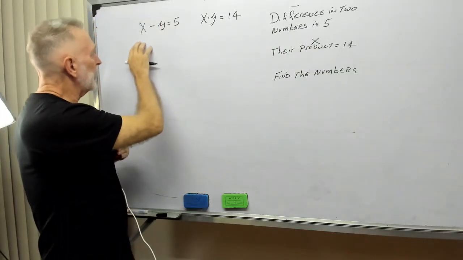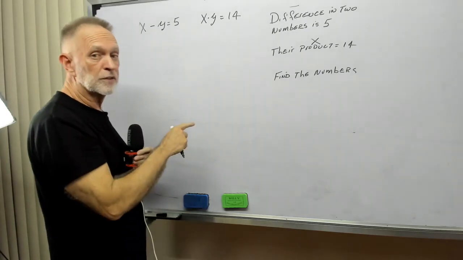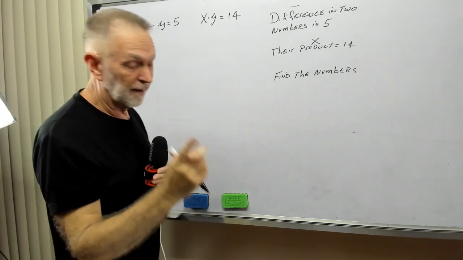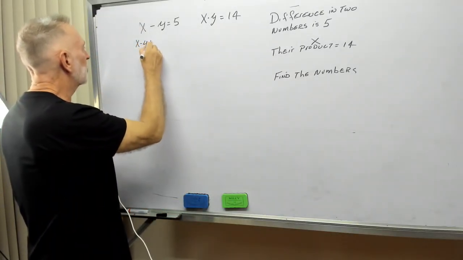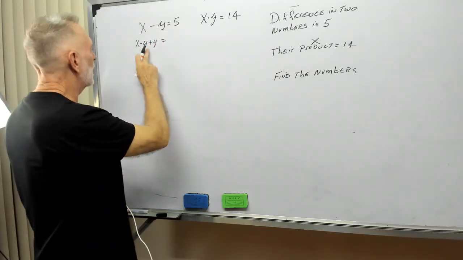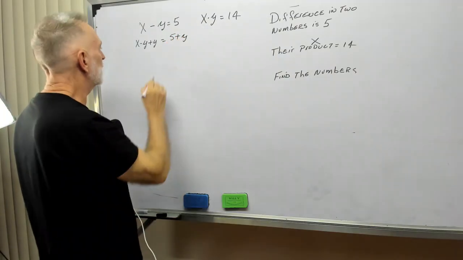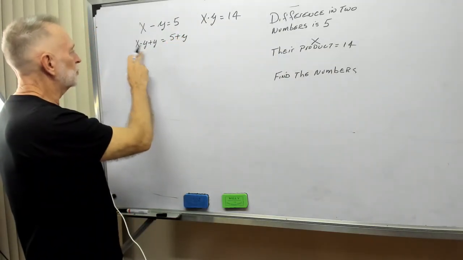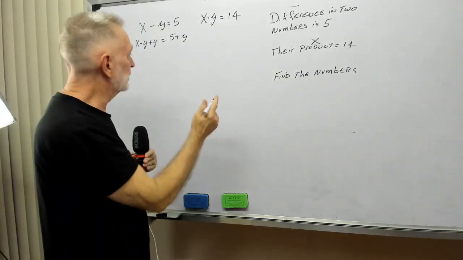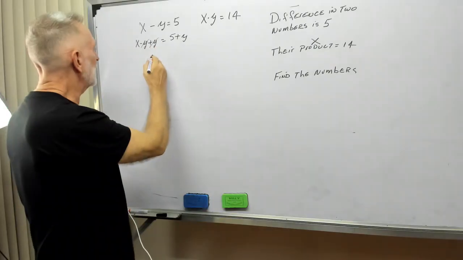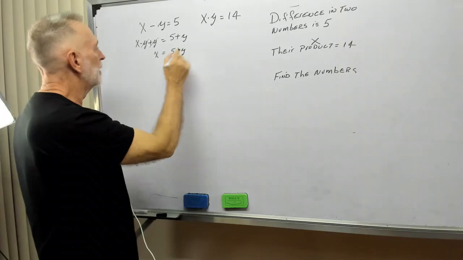Then I'll put that something in for X in the other equation and solve for Y. So X minus Y plus Y. I added Y to one side, so I have to add Y to the other side. Negative Y plus Y is 0, so these two cancel, so X equals 5 plus Y.